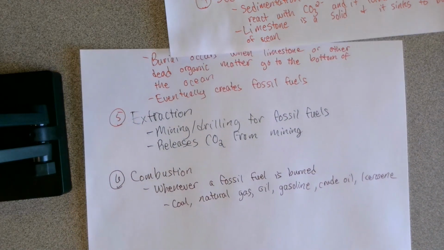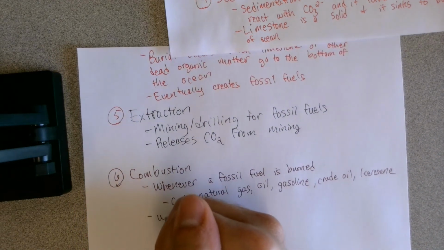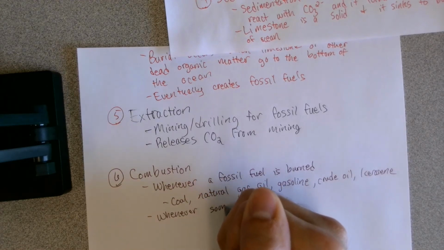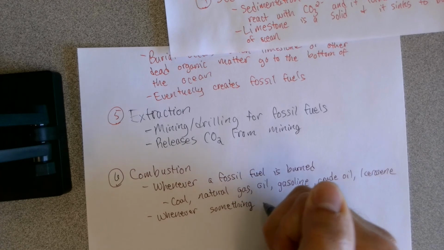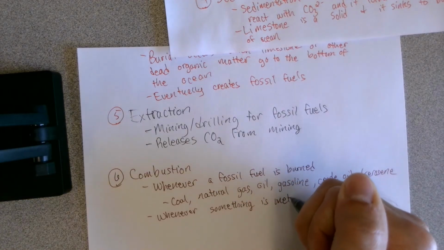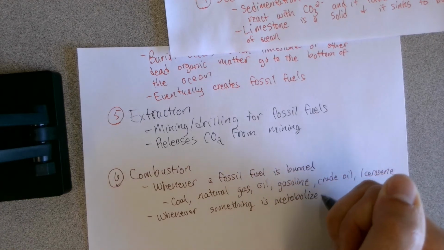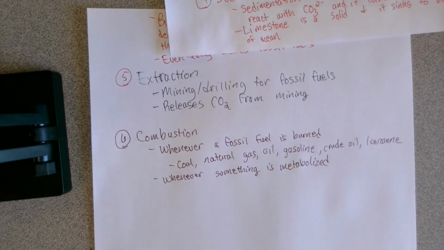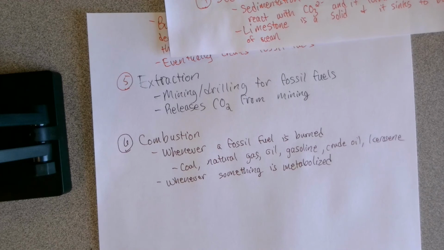So whenever you burn a fossil fuel, or some people say whenever something is metabolized. So technically you could say that cellular respiration is a form of combustion, which it is. Alright, so we've got all of these different processes.